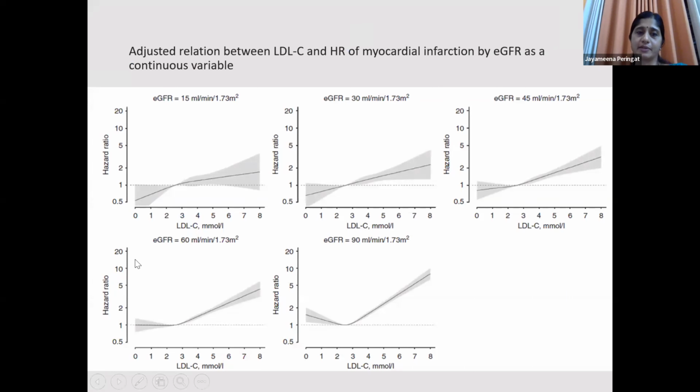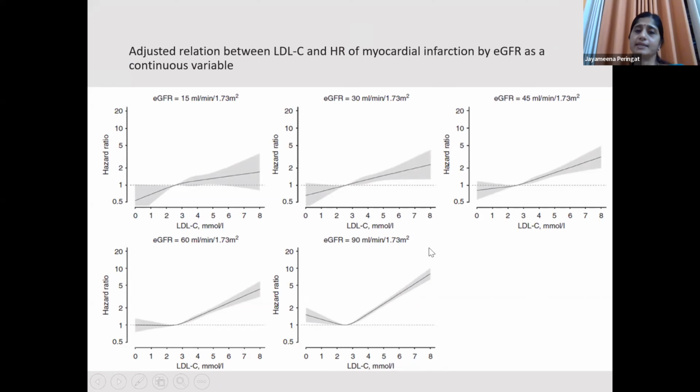Basically, I want to show you this graph because you can see the hazard ratio along with LDL, with GFR as one of the variables. In earlier stages of CKD, like a GFR of 90, the hazard ratio increases with increase in LDL cholesterol. But this doesn't happen as the CKD stages go down and down. Here the GFR is just 15, but the hazard ratio doesn't go up with increase in LDL cholesterol.